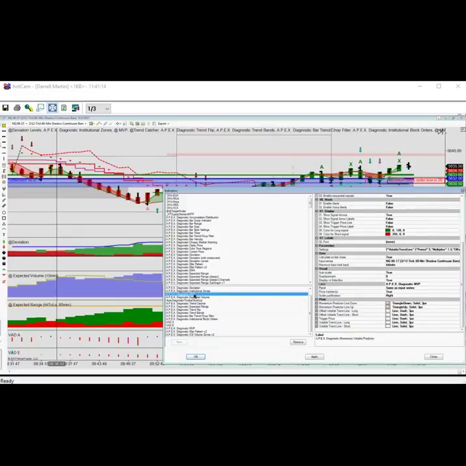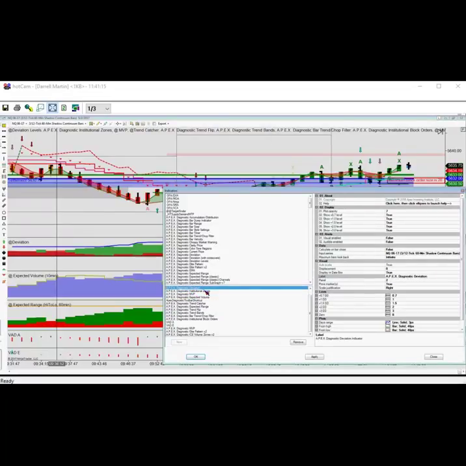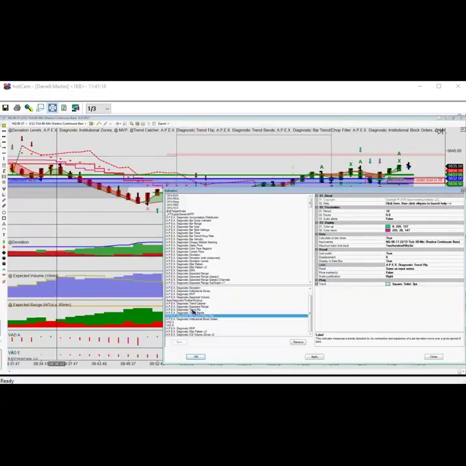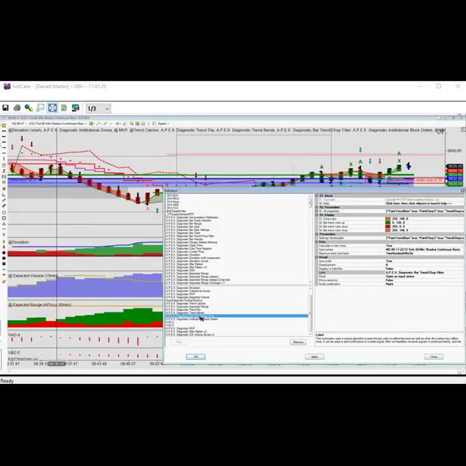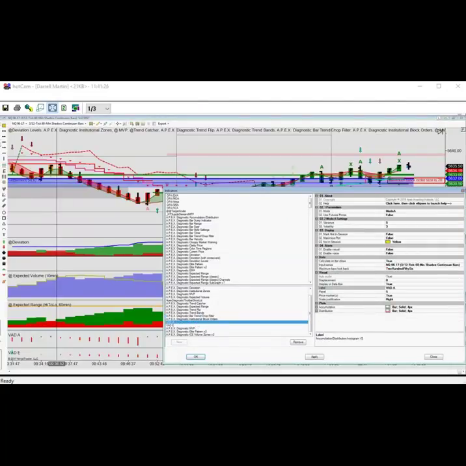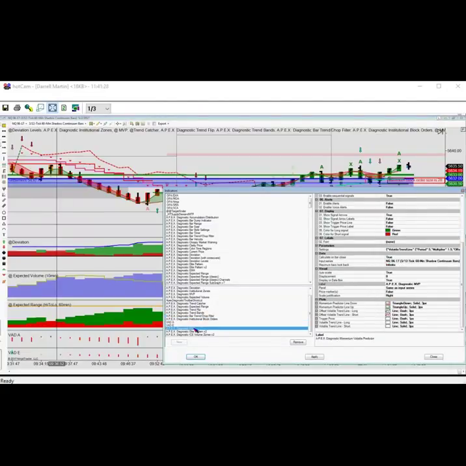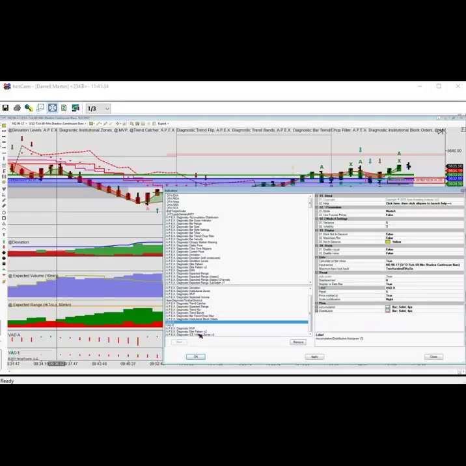Then I got MVPs on here. The zones are on here, deviations, trend flip, trend bands. That's the colors right there that you're seeing. I got block orders. It's just something we're testing, so you can ignore that. We're actually building that more into our order prints anyway, so I could take that out.